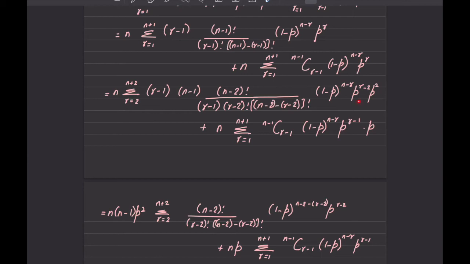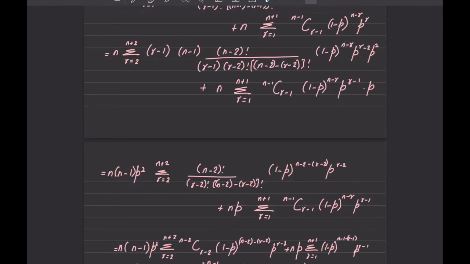I've also split p to the power r as p to the power r minus 2 times p squared. And in the second term, I have split p to the power r as p to the power r minus 1 times p. From the first term, I can take n minus 1 and p squared outside the summation sign because they are not functions of r.